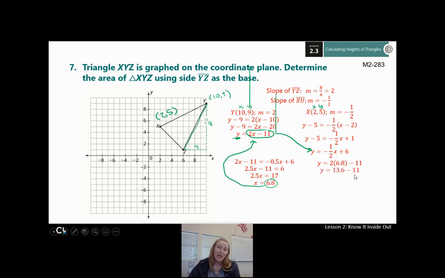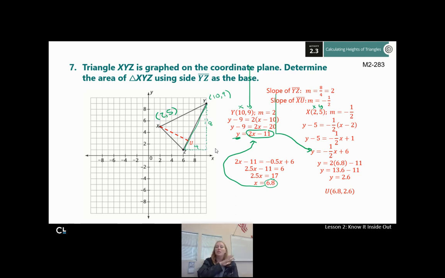If I subtract 11, I get 2.6. So it looks like point U, or whatever you decided to call it, is at 6.8, 2.6. So I'm going to go right 6, not quite to 7, and I'm going to go up 2 plus a little more than a half, something like that, and I'm going to draw in my height. There's point U. There's my height.